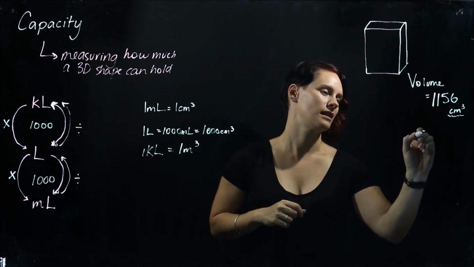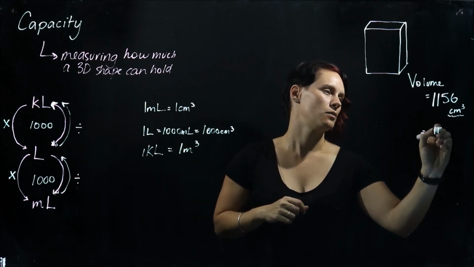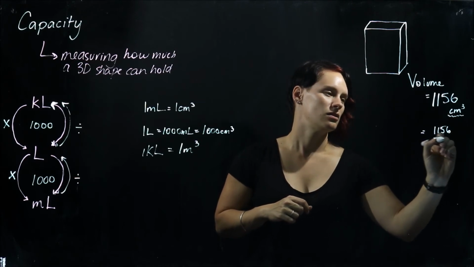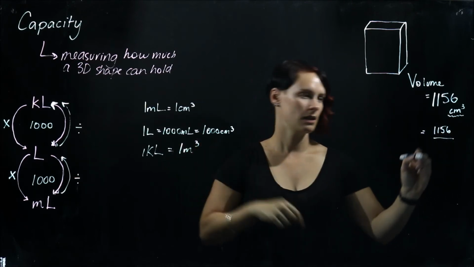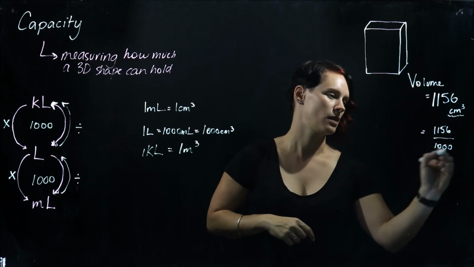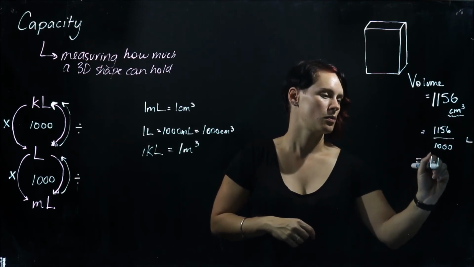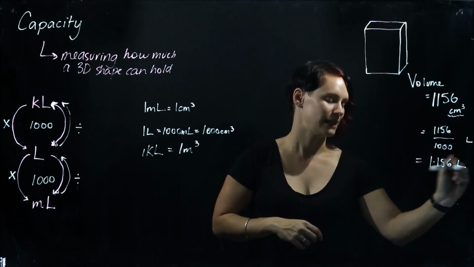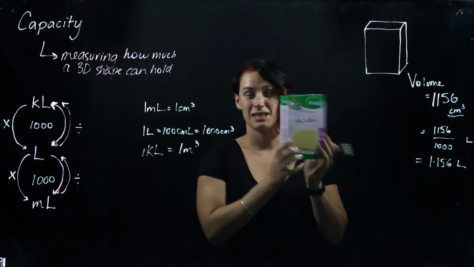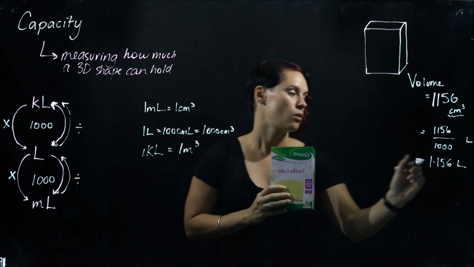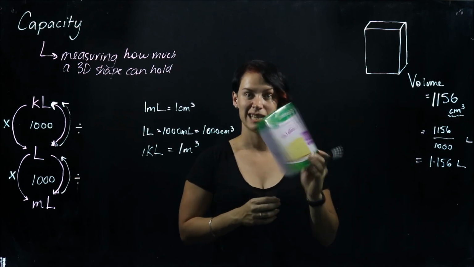So we could say that this is then 1,156 divided by 1,000, and that's going to be our litres. And your answer there will be 1.156 litres. So if I had to fill this box up with some water, it would take 1.156 litres of water.